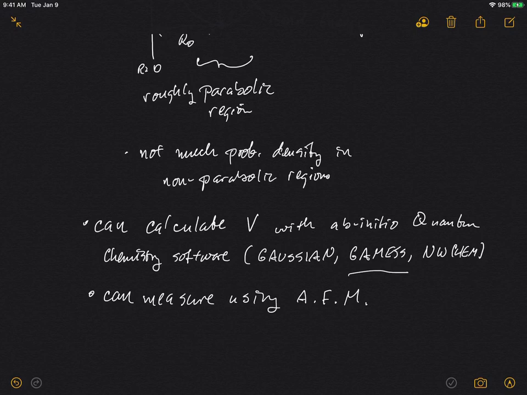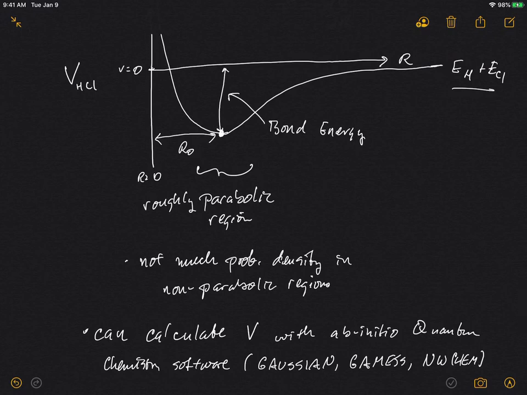So that's our best understanding: these kinds of curves look roughly like this, and it's often a pretty good approximation to model the vibrations of a molecule using this harmonic oscillator. But if you want to know about things like bond energy, bond distance, or what's happening up closer to this dissociative region, then you're going to have to use higher level calculations.